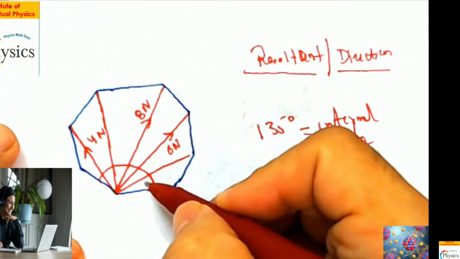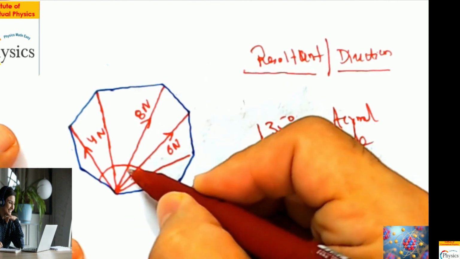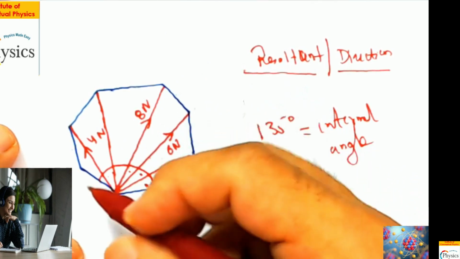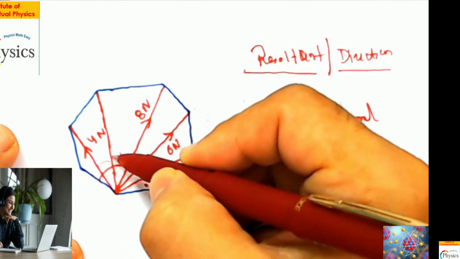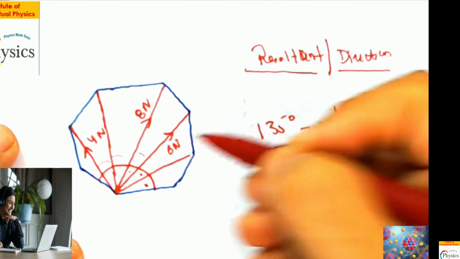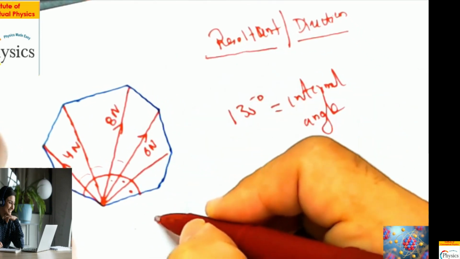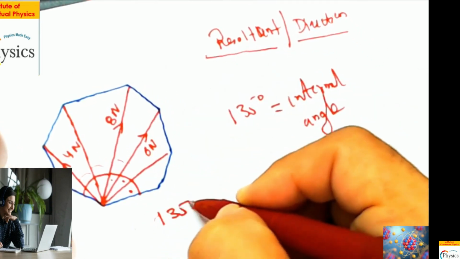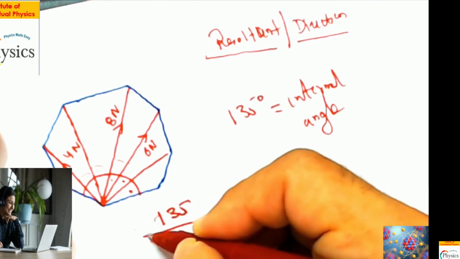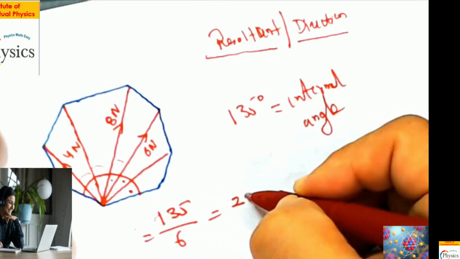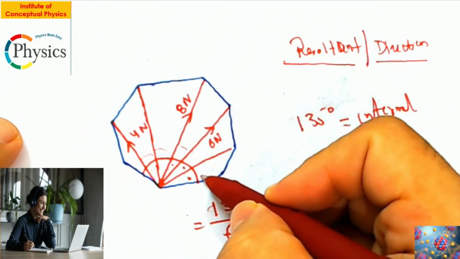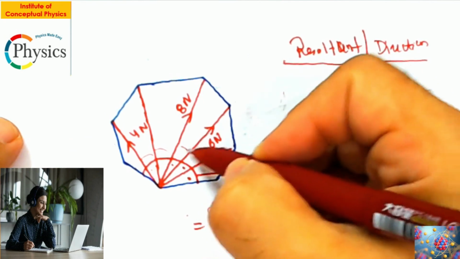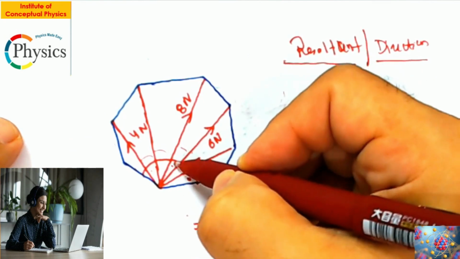If you look at these 6 segments, each one of them is 135 degrees divided by 6, which is equal to 22.5 degrees. So each small component is 22.5 degrees.